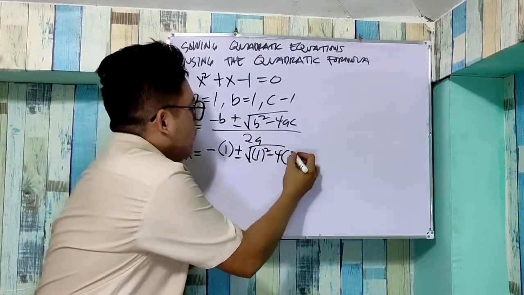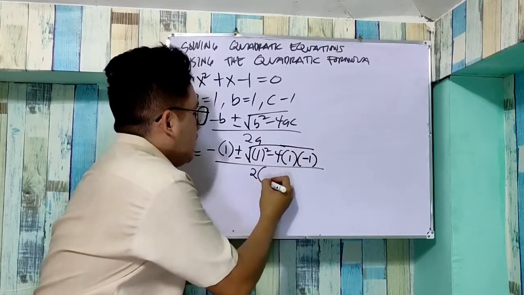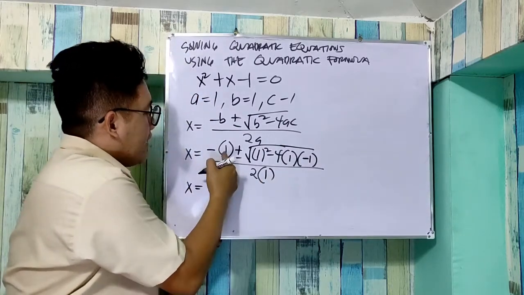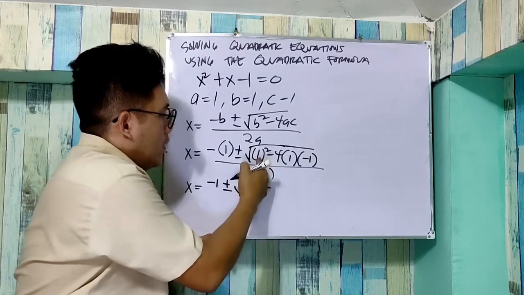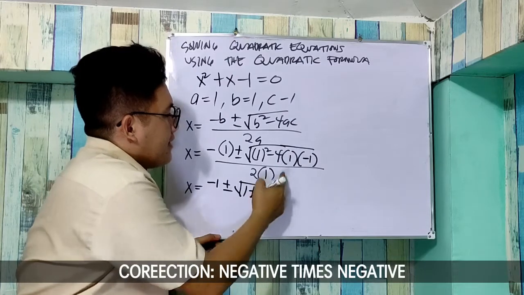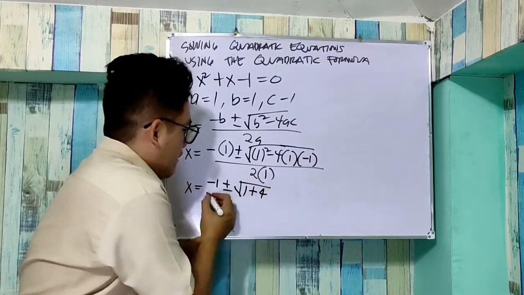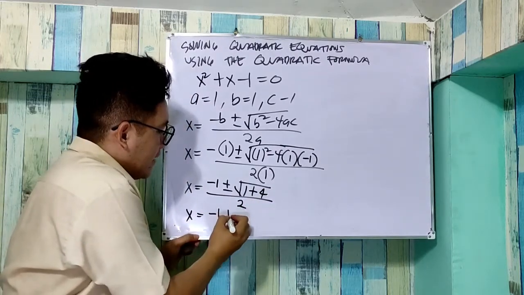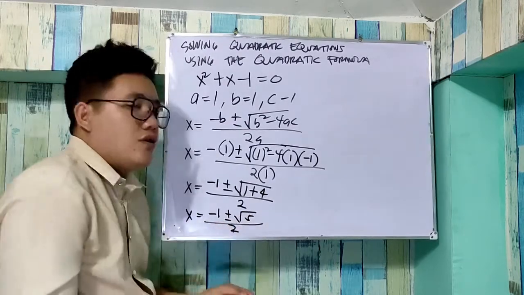So, negative plus minus 1 raised to 2. Ang A natin ay 1, ang C natin ay negative 1, over 2, ang A natin ay 1. Negative, positive, negative. Plus, minus. 1 times 1, 1. Negative, positive, positive. 4 times 1, 4. Over 2. X is equal to negative 1 plus minus square root of 5 over 2.